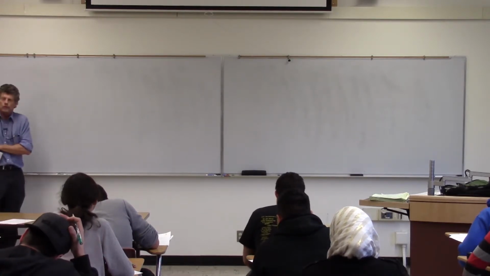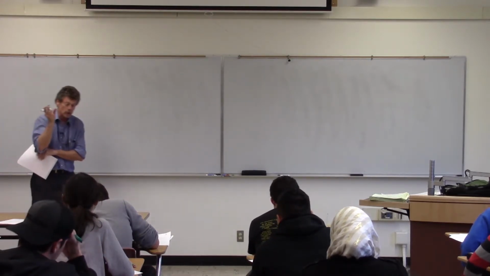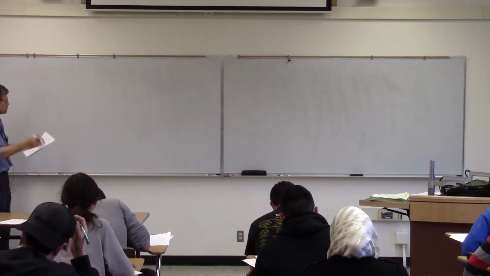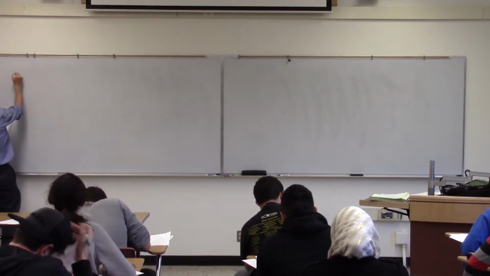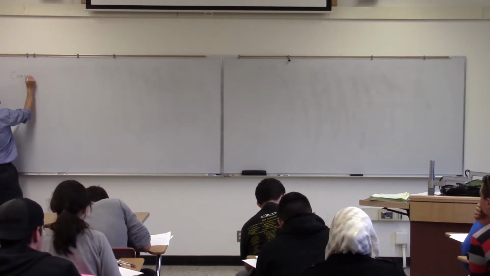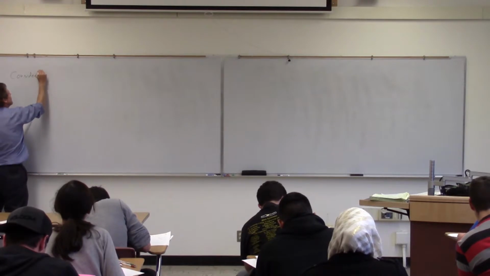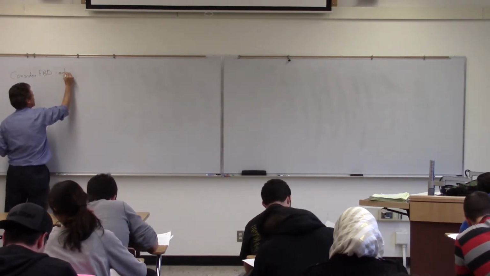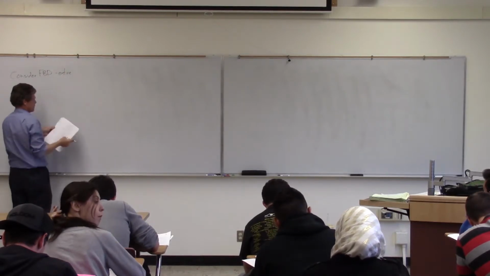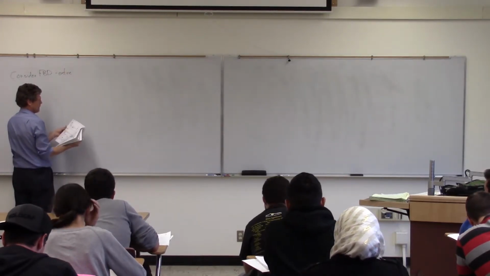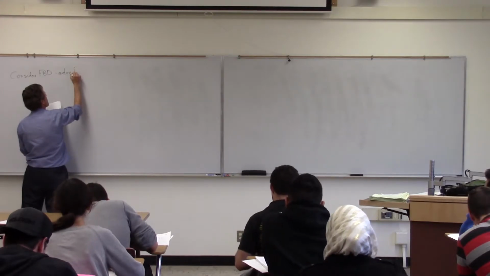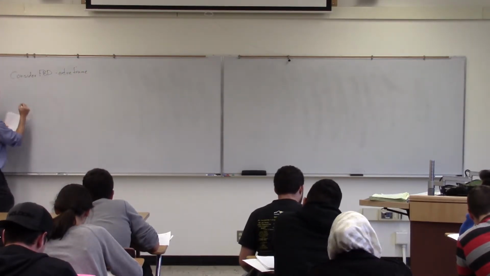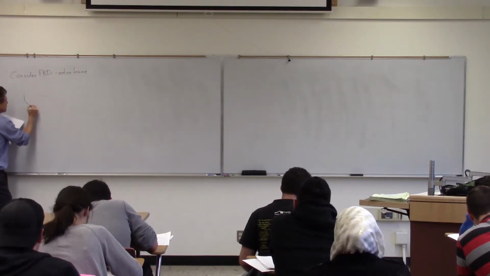OK, so as a first thing, and remember, you'll lose points if you don't do it. This is an equilibrium problem. We need to draw a free body diagram. I need to know where those forces are coming from. So we'll consider drawing a free body diagram of that frame.